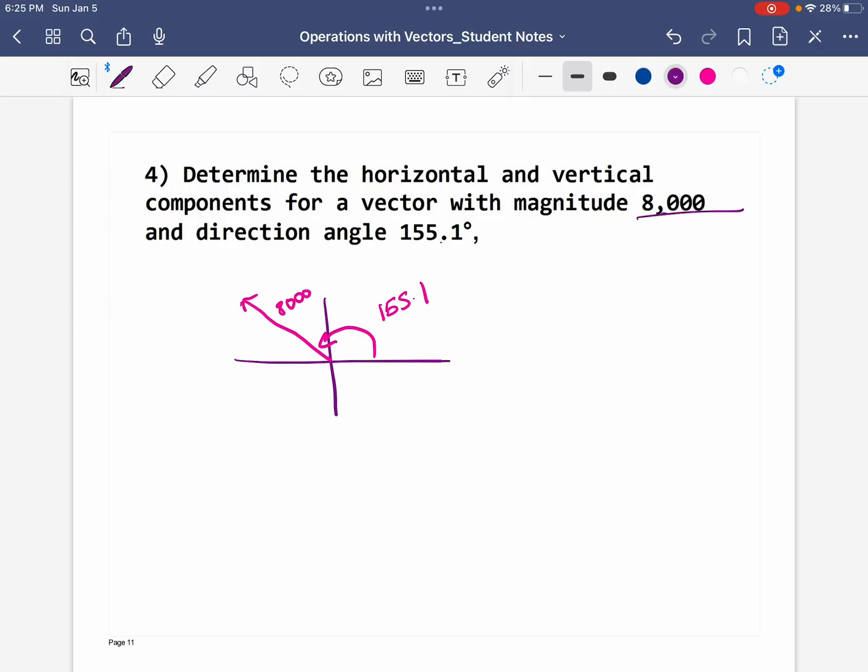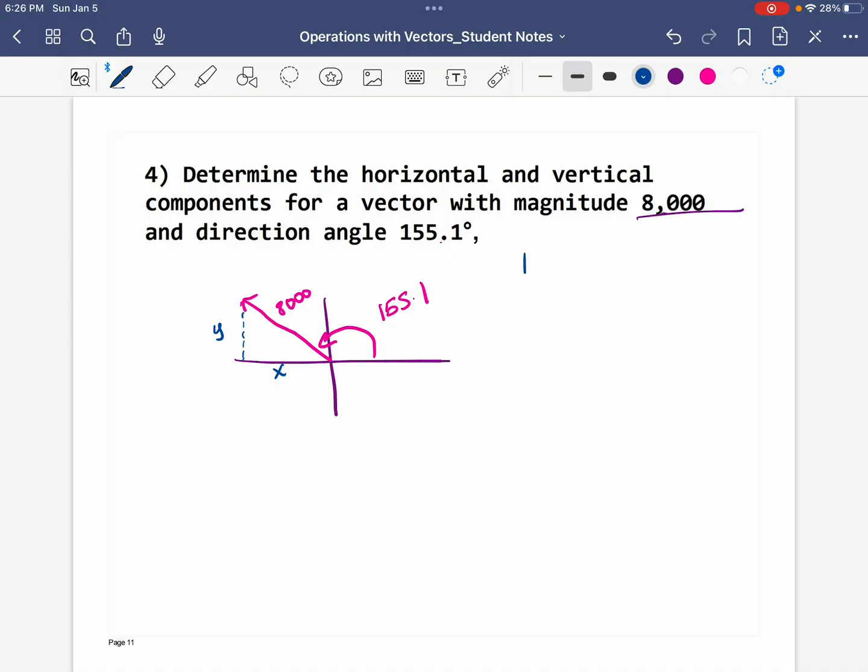So that means that the x squared plus the y squared square root gives me 8,000. In order to work backwards though, we're going to actually use sine and cosine. So if the whole angle is 155.1, I can find this reference angle.